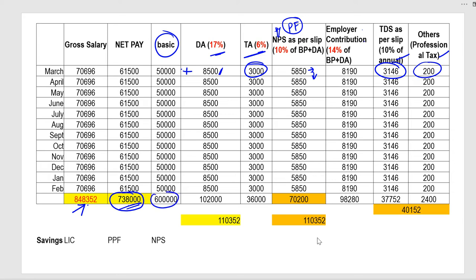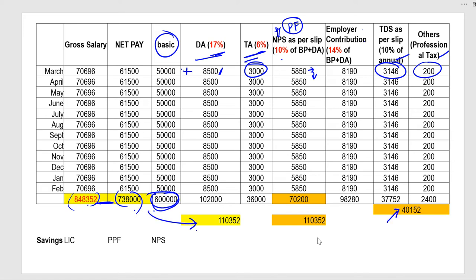And this is the basic salary. But after adding this DA, TA, and all other factors, this will be the gross. And if you take the difference between the net pay and the gross salary, you will get this value. And what is this?